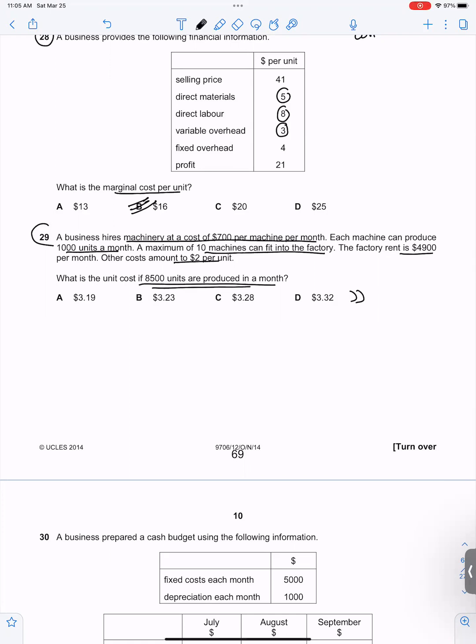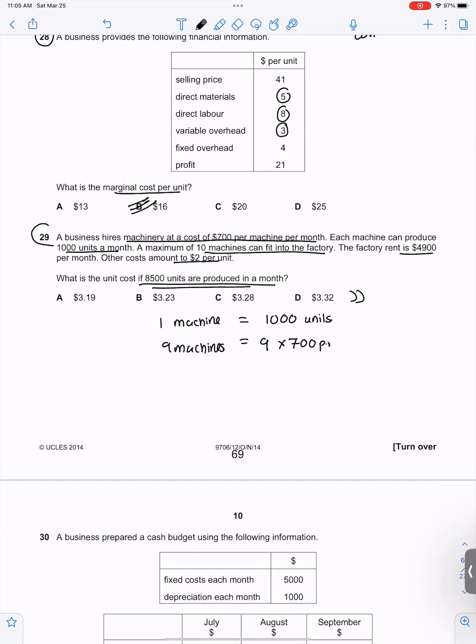Okay. So one machine can produce how many units? 1,000. So I will need 9 machines to produce 8,500 units. So for 9 machines, cost is 700 per machine per month.